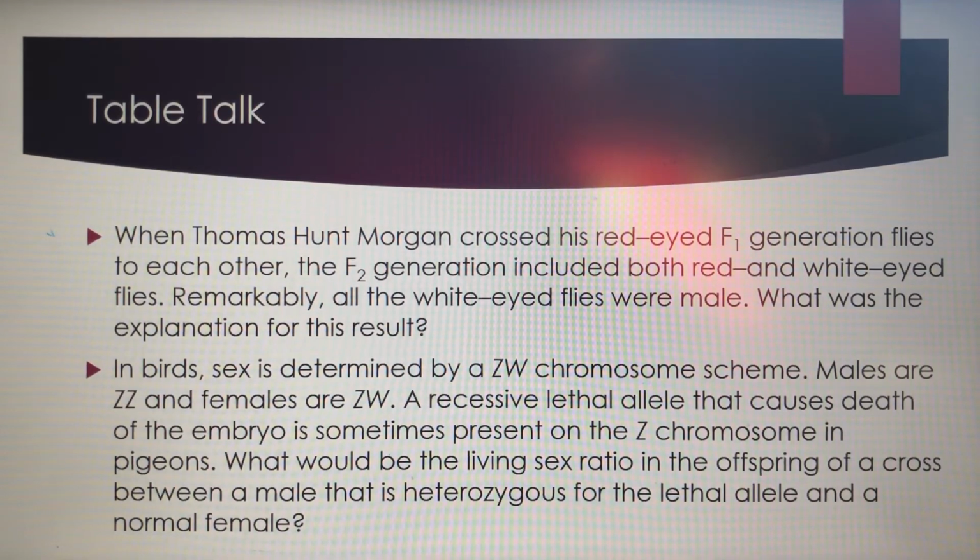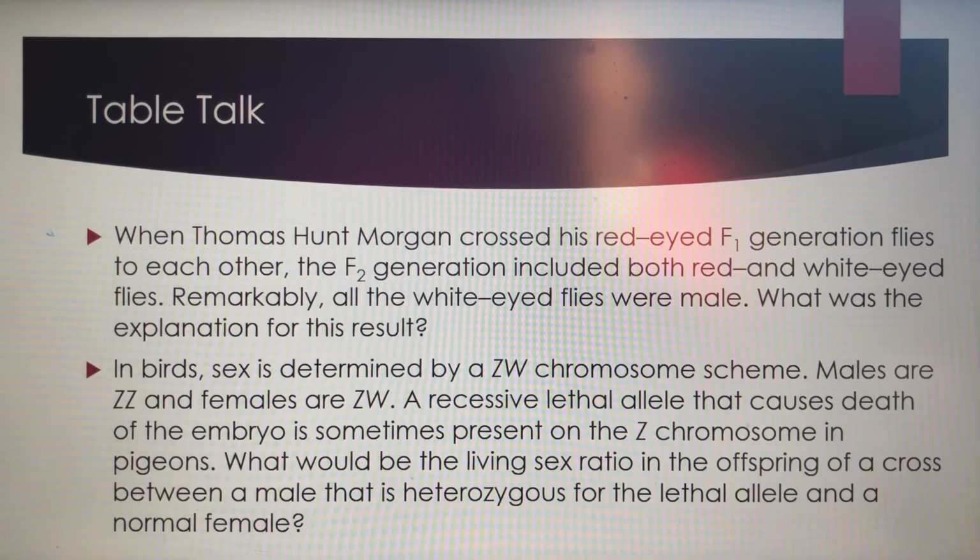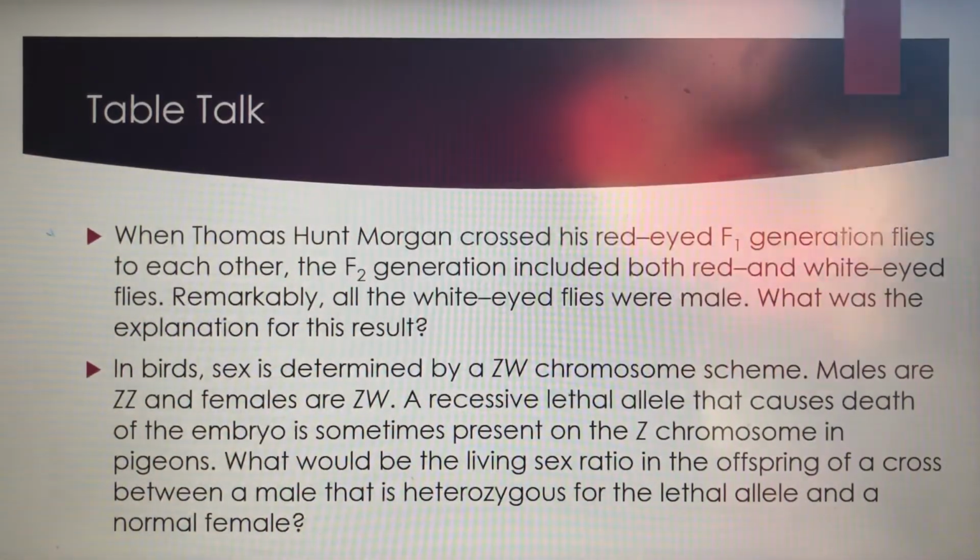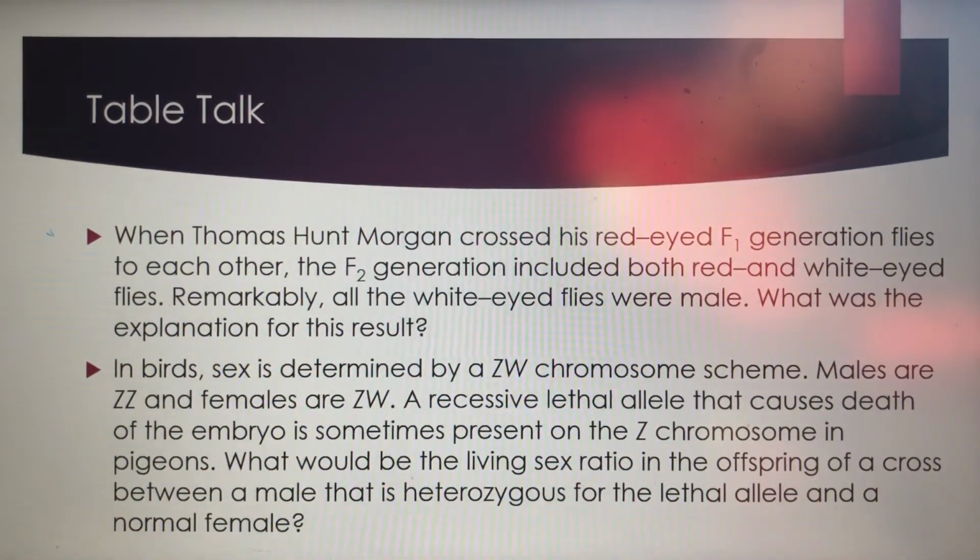So that means that you must have had a red-eyed female that was a carrier of the white eyes. For the original cross, all the males must have been red-eyed because it says they were all red-eyed in the F1 generation. So all the males looked like this.